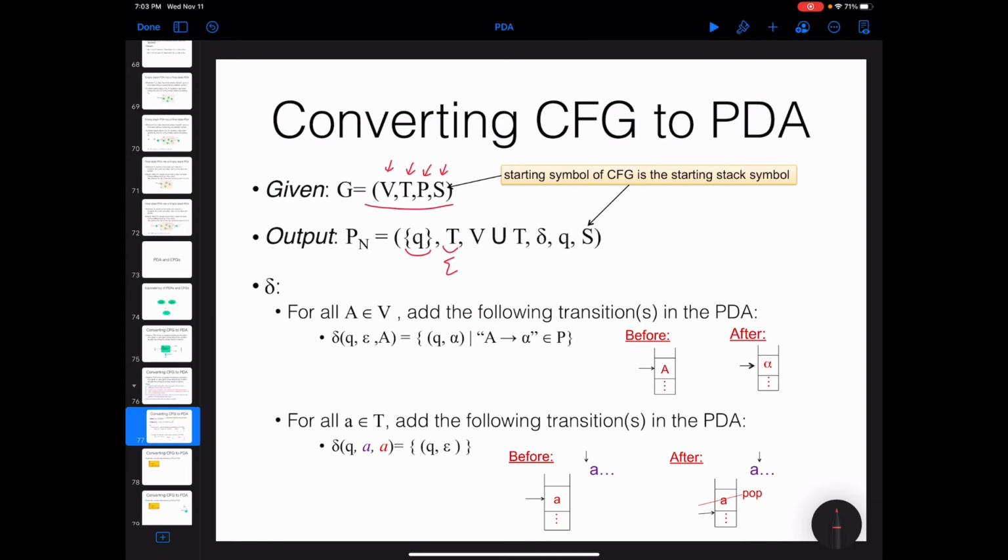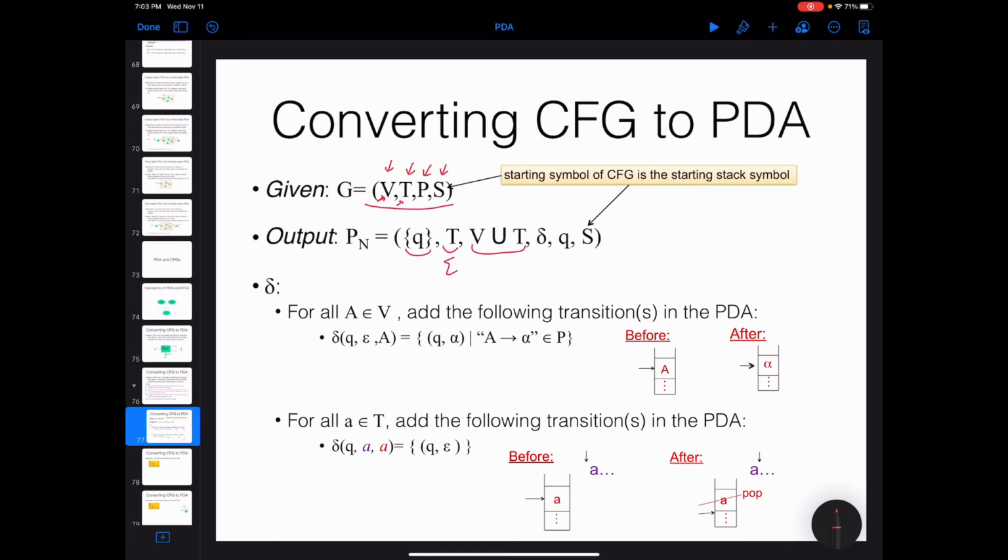The tokens that can be pushed to the stack are going to be the union of all the variables in the grammar and all the terminal symbols. So you can push not only variables but also the input alphabet into the stack.